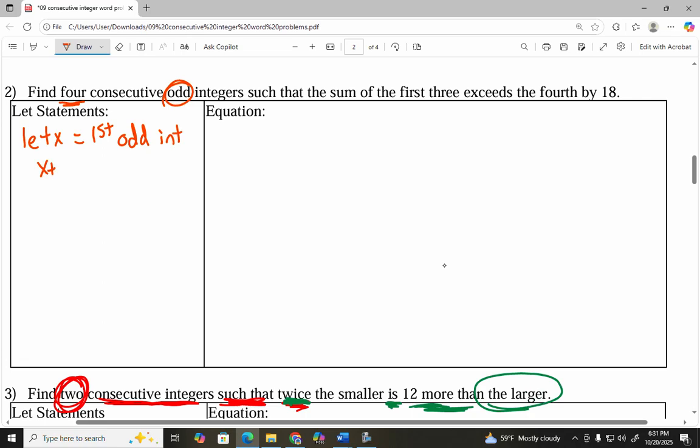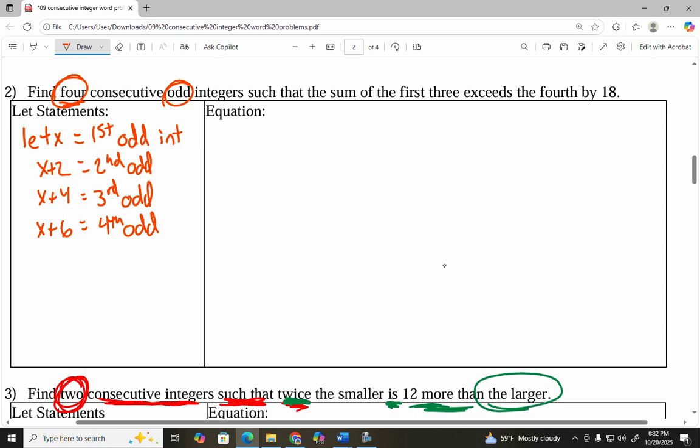So x plus 2, I do need 4 of them, so I'm going to need another and another. So I have the first odd, the second odd, the third odd, and the fourth odd. Again, if I'm going too fast, you hit pause. But here are our 4 odd integers, because odd integers are 2 away from each other.